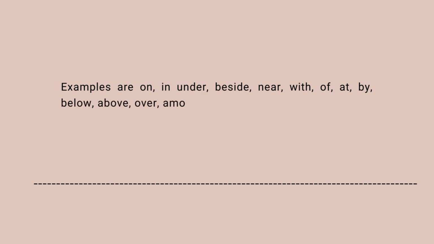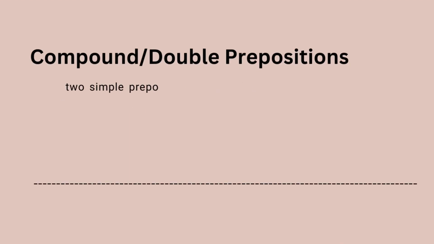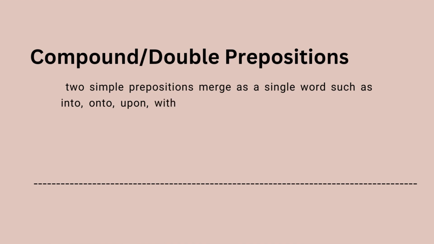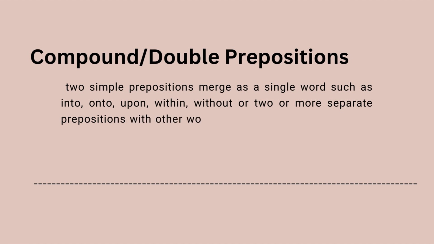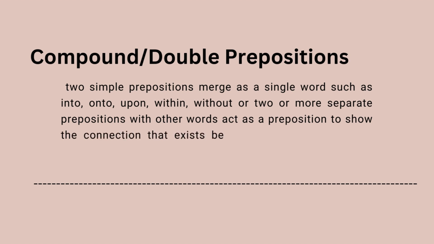Great. The second category is compound or double prepositions. Here, two simple prepositions merge as a single word, such as into, onto, upon, within, without. Or we can have a situation where separate prepositions with other words act as just a preposition to show the connection that exists between nouns or pronouns and other elements in the sentence.